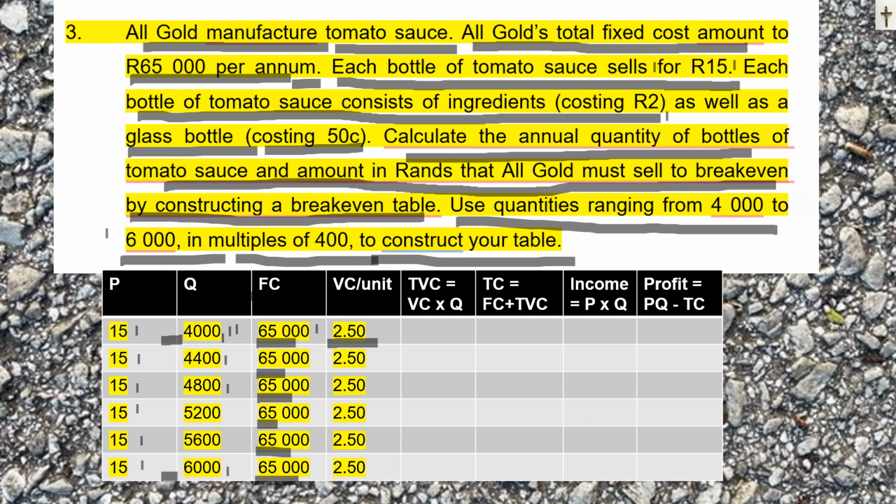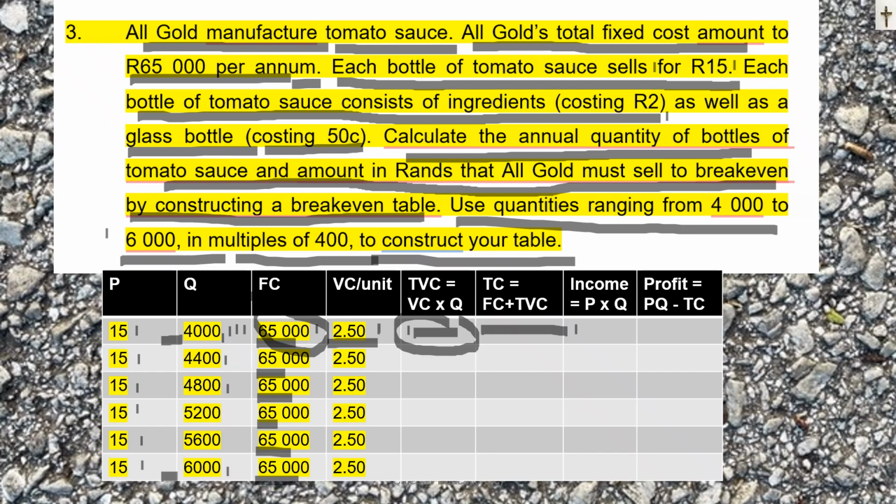Now we're required to calculate total variable cost, and total variable cost is variable cost, 2 Rand 50, multiplied by quantity. The total cost is equal to fixed cost plus what we calculate in total variable cost.